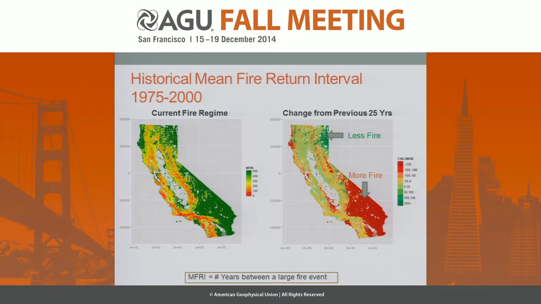If we look at the change from the previous 25 years, the back cast, we can see that we're identifying more fires in the lower parts of Los Angeles County, San Diego County, as well as clearly the deserts. We've seen the movement of invasive species into these areas due to anthropogenic processes as much as anything else, and I'm sure you know more about that than I do.